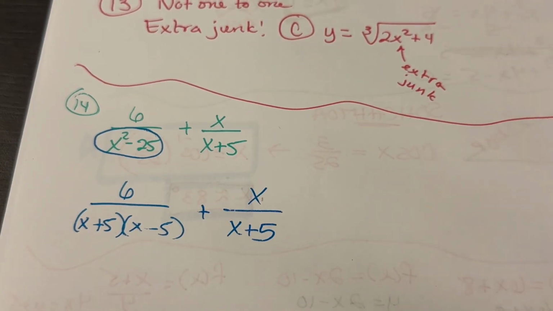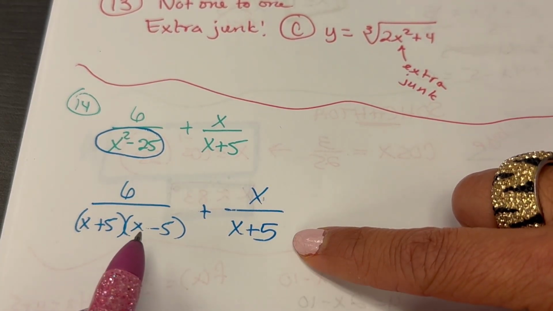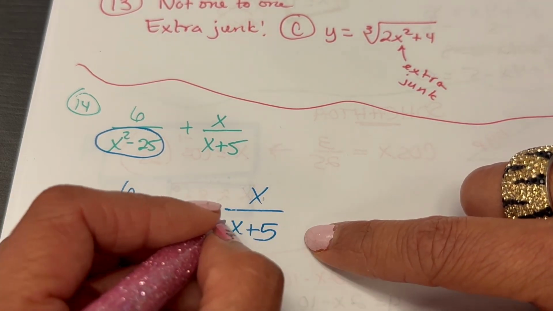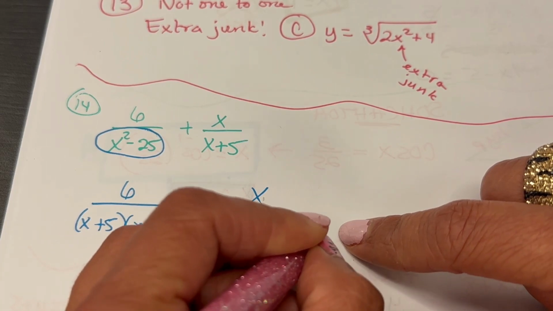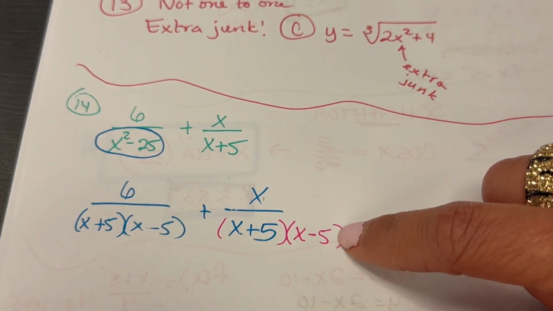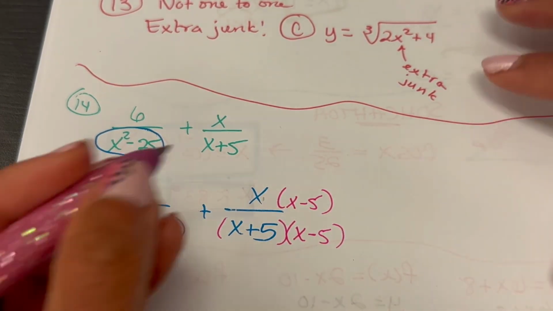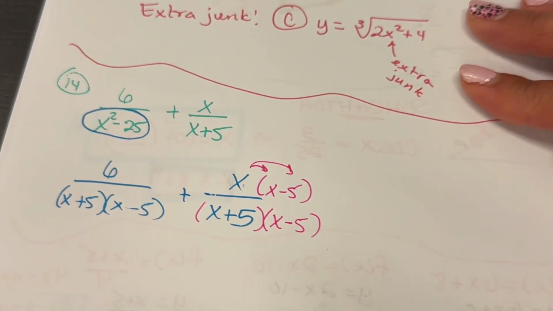Okay, the other fraction has an x plus 5. What it doesn't have is an x minus 5, and I need these to be the same. So to make this one have an x minus 5, I have to multiply by x minus 5, but whatever I do to the bottom, I have to do to the top. And we're going to need to distribute this.